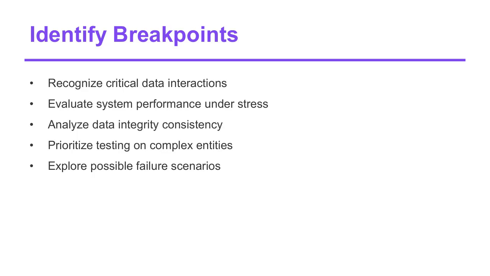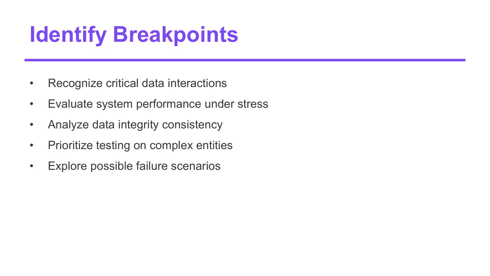When identifying breakpoints, it's important to first recognize where critical data interactions occur, because these points often have the greatest impact on system behavior. We need to evaluate how the system performs under stress to ensure it can handle peak loads without failure. Checking the consistency of data integrity is also key, so we validate that data remains accurate and reliable across processes.